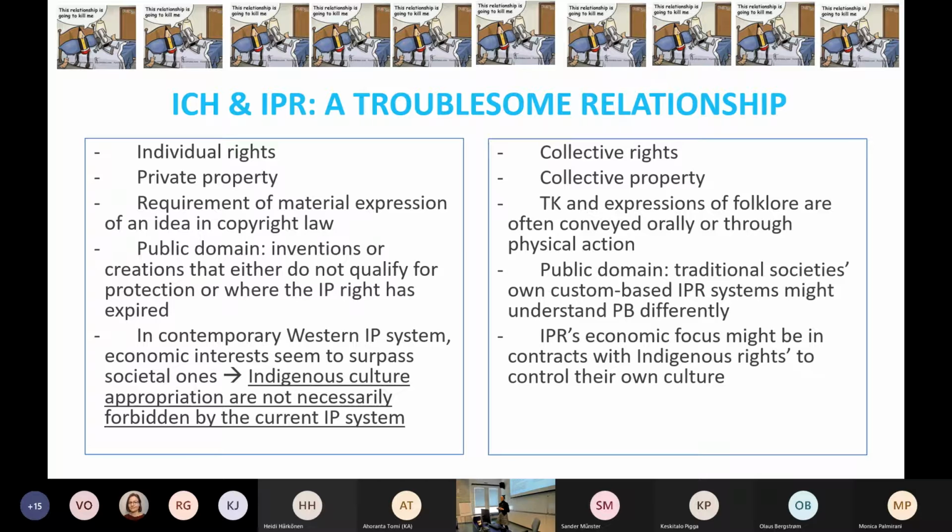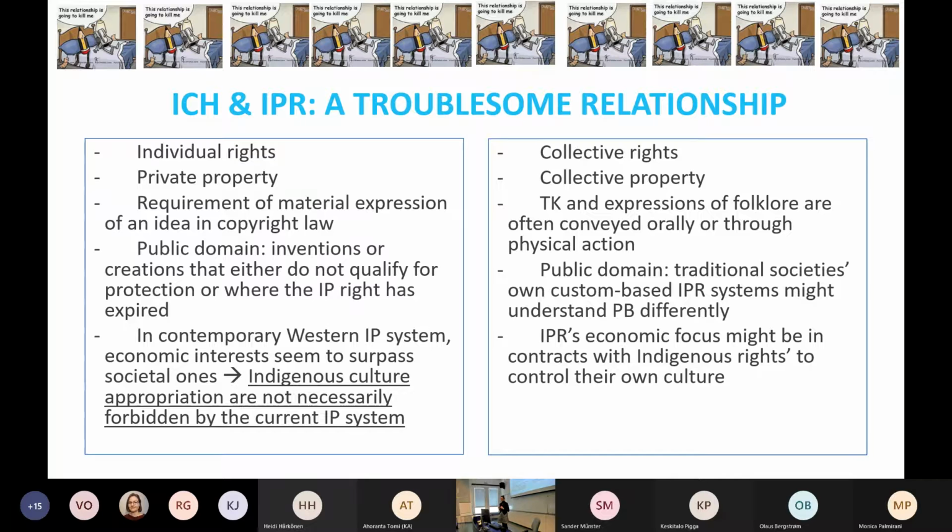For the property lawyers in the audience, we have different types of property in our legal system, and IPRs are based on the private property type. Then there are other issues related more specifically to the way copyright is designed. There are also issues related to patents, if we speak broadly, not only about artistic elements but also including traditional knowledge, so we expand a little bit to technical matters.